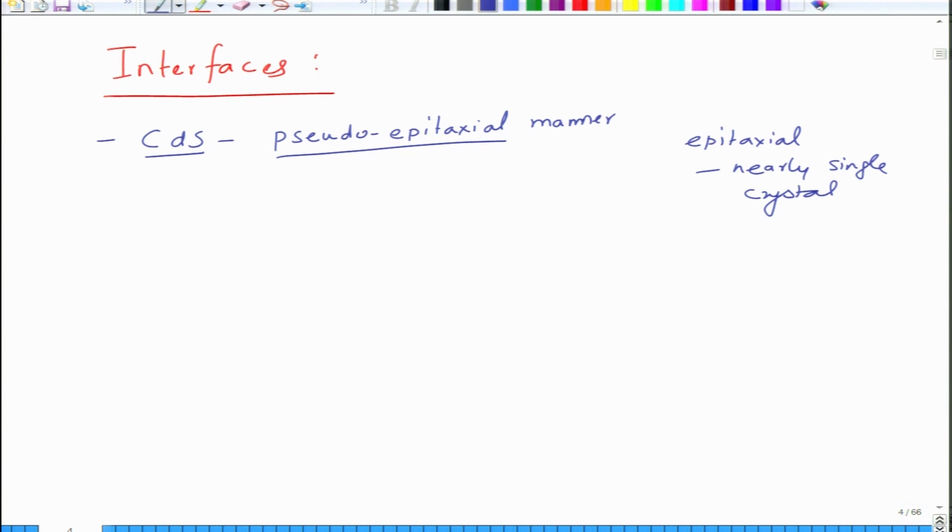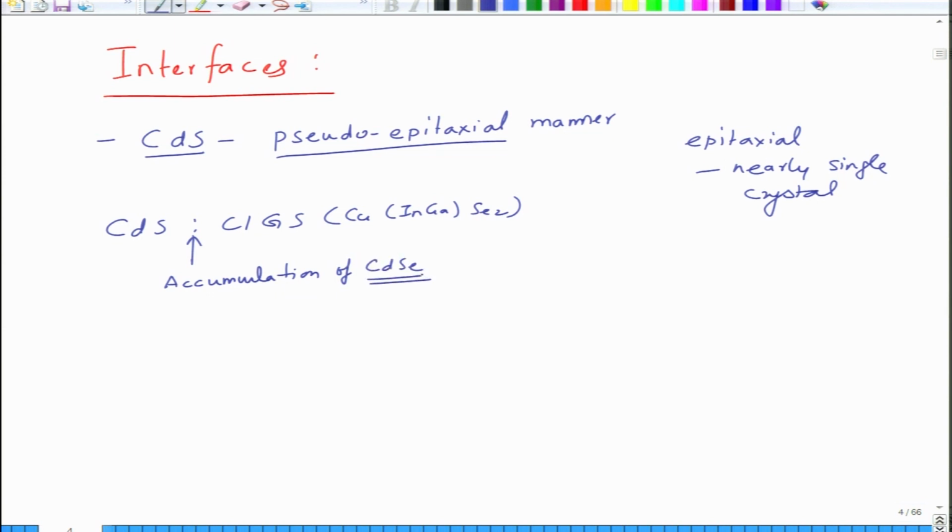What happens is that if you have CdS next to CIGS, copper indium gallium Se2, you tend to have accumulation of CdSe at the interface, and this also tends to reduce the performance of the solar cell.